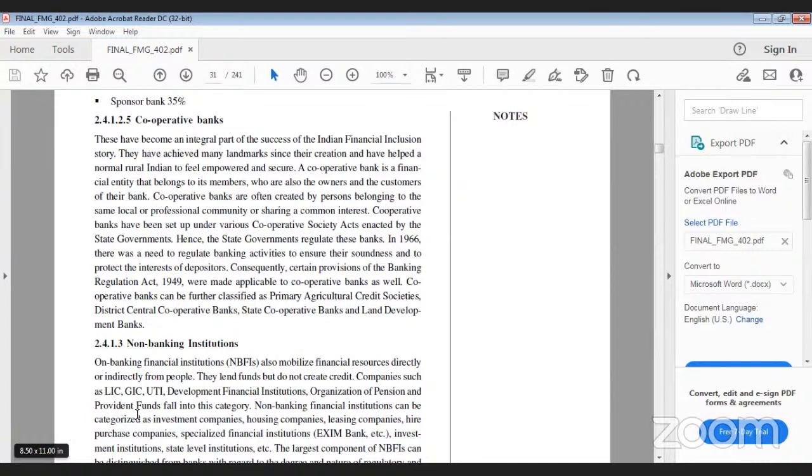Non-banking financial institutions can be categorized as investment companies, housing companies, leasing companies, and hire purchase companies, as well as specialized financial institutions.